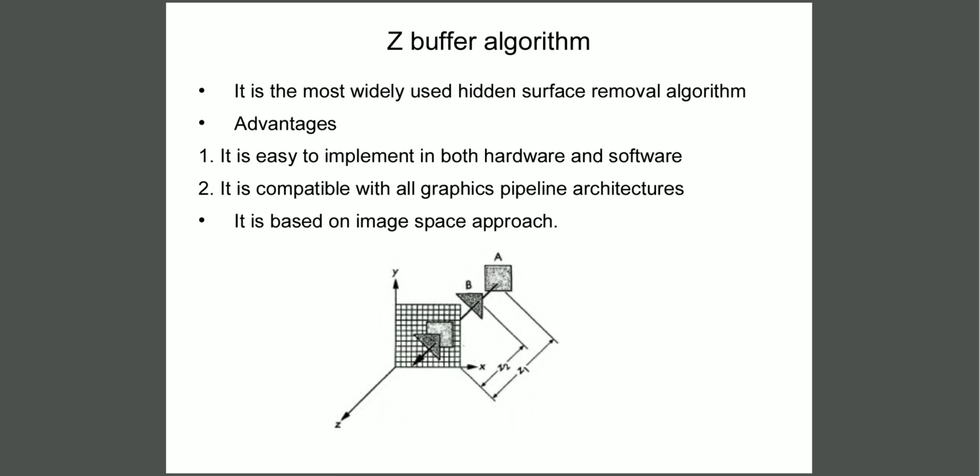As we know, the depth buffer is initialized with the maximum z coordinate value. So whenever we try to update the z coordinate value of a polygon, obviously it will be less than the maximum z coordinate value, so we can update. Whenever we are updating, the condition we need to check is whether the new z coordinate value should be less than the z coordinate value present in the corresponding pixel of the depth buffer.